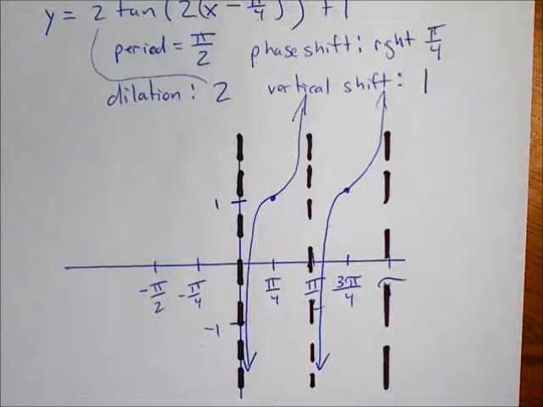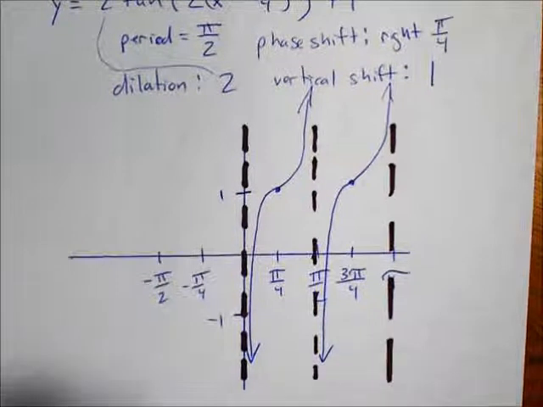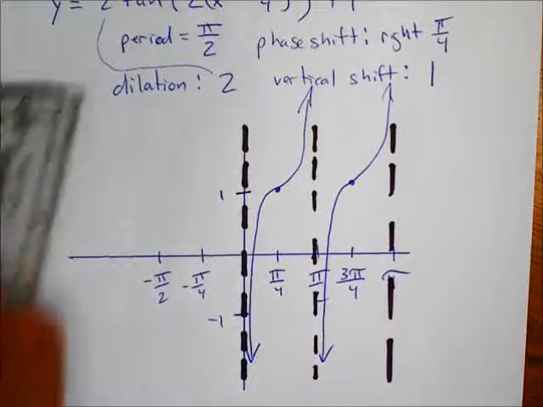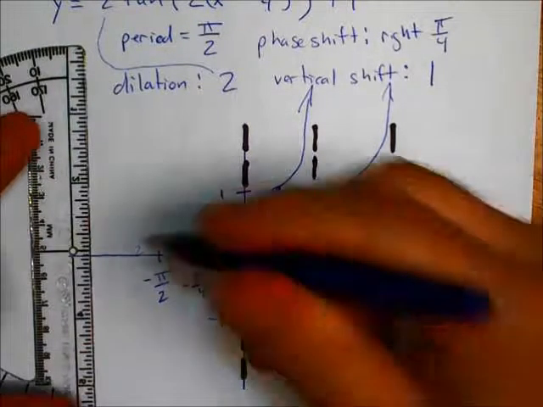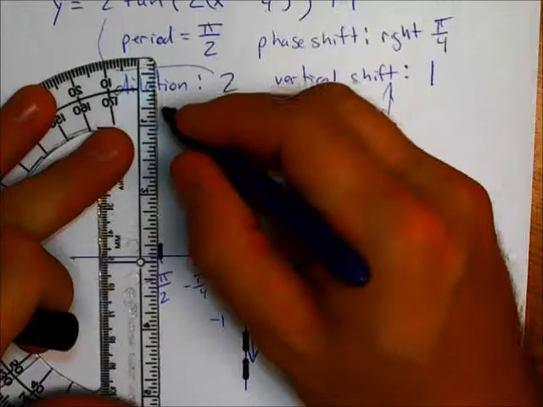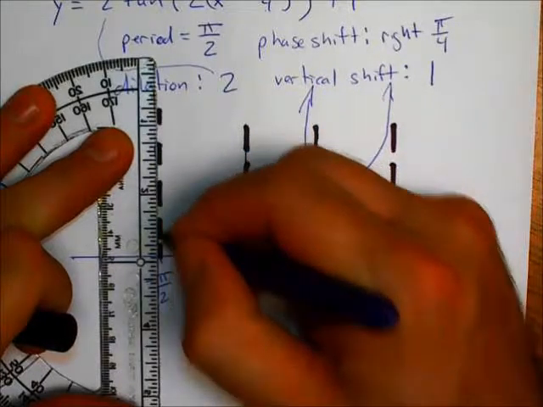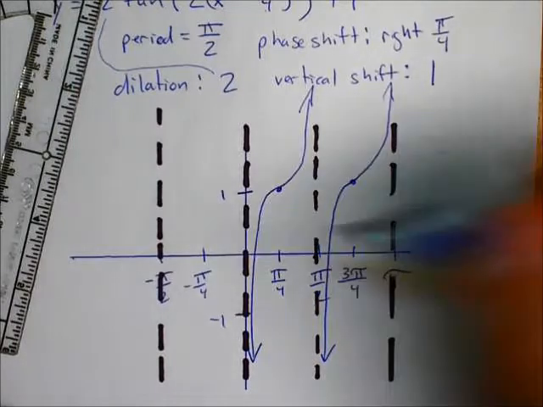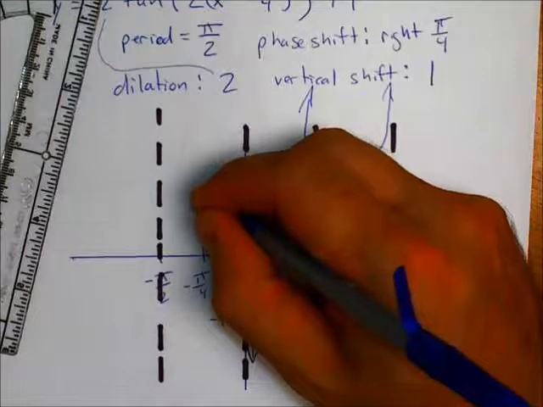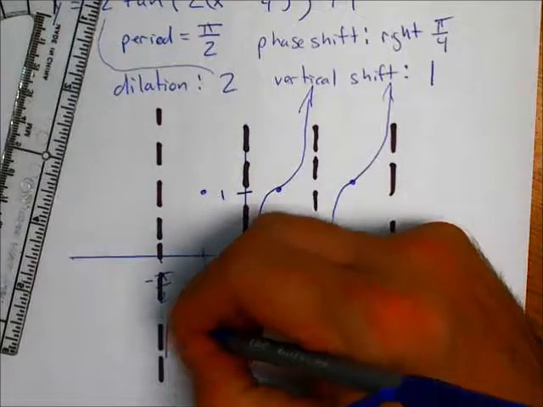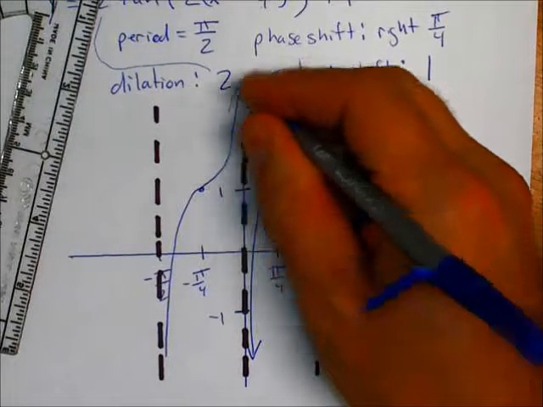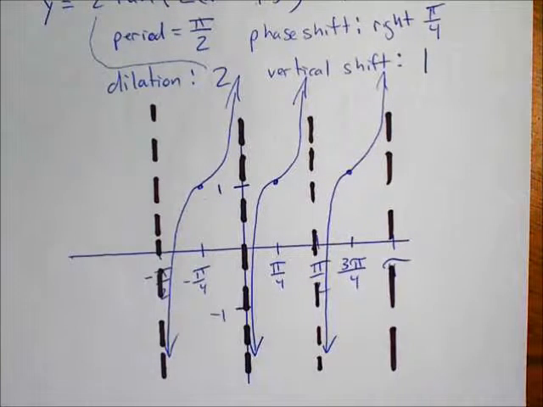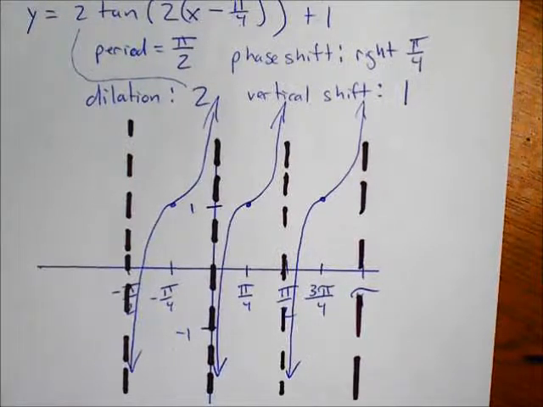Okay? And you can also go back the other way, of course. And once you have it set up, you can see it's easy to just keep going and going and going. But this is theoretically going off in both directions infinitely.